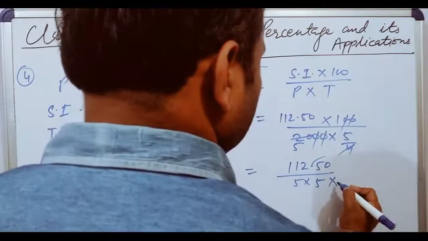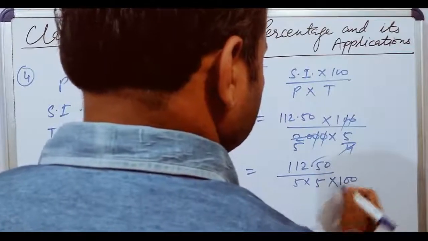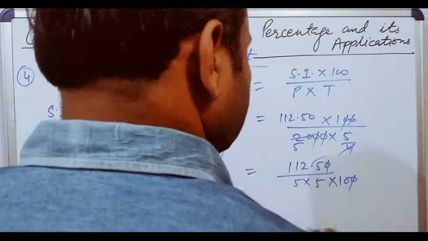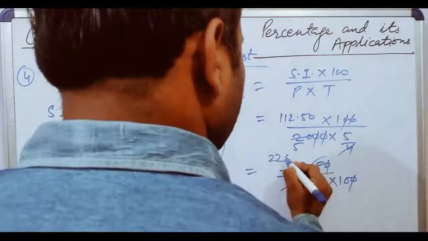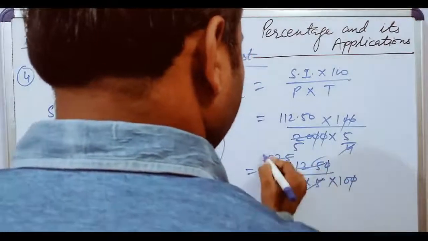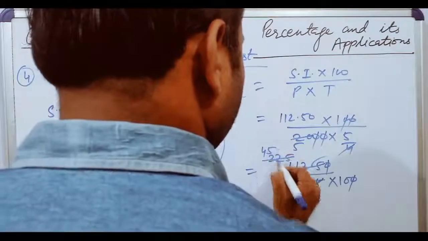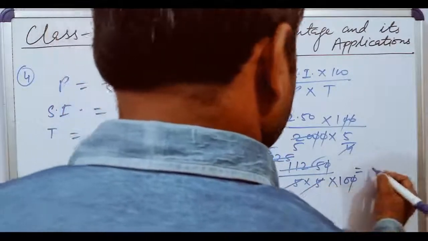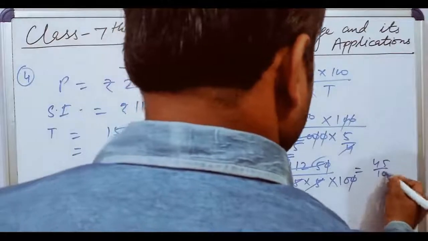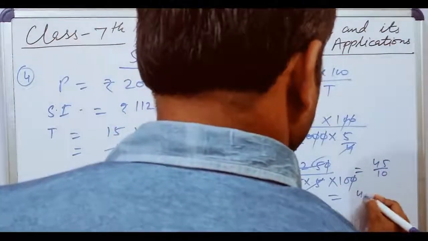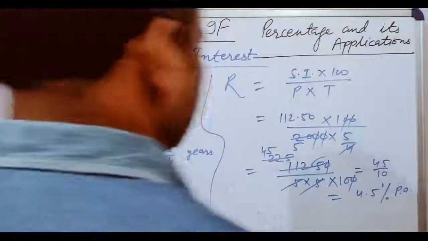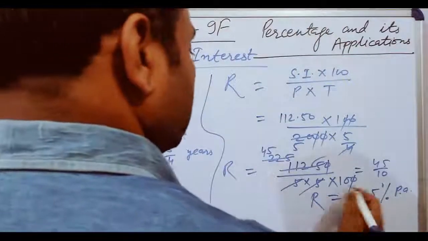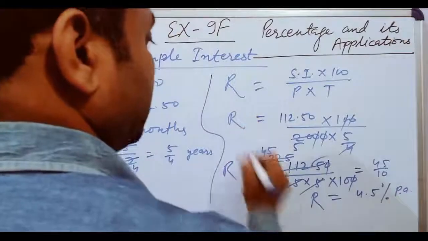Remove the decimal, then the zeros cancel. The result is 45 upon 10, which is 4.5% per annum. Okay, the rate is 4.5% per annum. This is the answer.